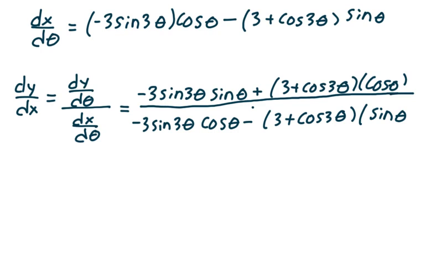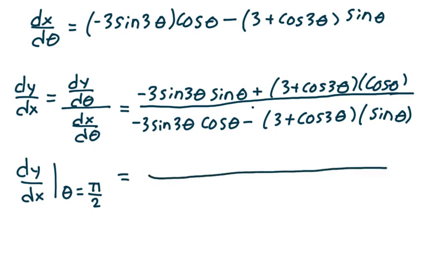All right, now I want dy/dx at θ equal π/2. Now, let's see what we can do with this. Sine of 3π/2 is negative 1, so I'm going to get negative 3 times negative 1. Sine of π/2 is 1.